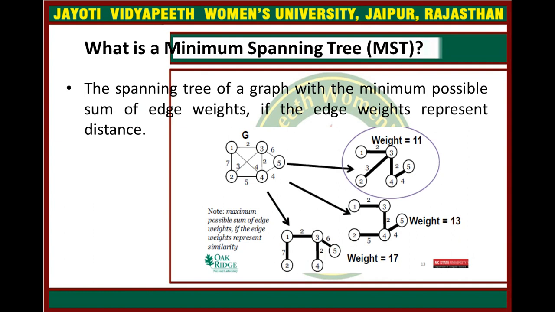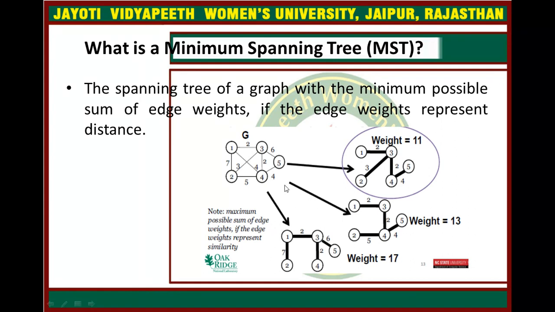Now come to what is minimum spanning tree, that is MST. The minimum spanning tree of a graph is the one with the minimum possible sum of edge weights, if the edge weights represent distance. You see here, we calculate like if you are talking about the nodes 1 3 4 and 2 and 5, no cycle is formed. So you have to calculate the weight 2 plus 3 plus 2 plus 4, that is 11.